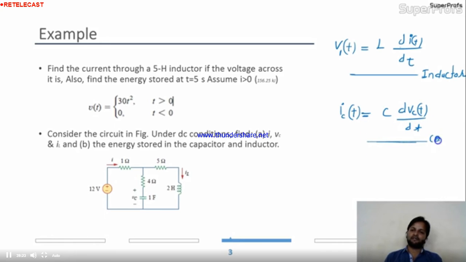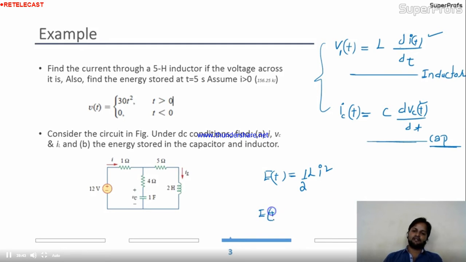Now if you wish to calculate v_C(t) and i(t), you can easily calculate them by integrating. I hope the concept is clear for you. For the inductor, the instantaneous energy is given by half L i squared. For the capacitor, it's given by half C v squared. The inductor deals with the current, so take the inductance L and multiply with i squared. The capacitor deals with voltage, so multiply capacitance with v squared.